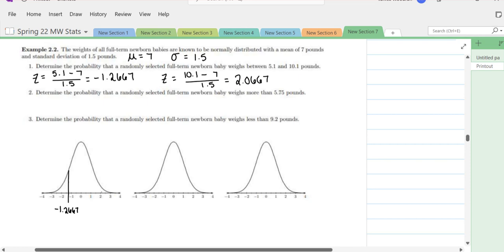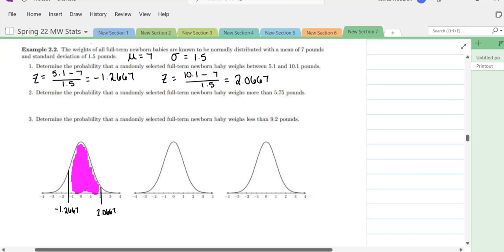On the curve, this looks like about this. So we're going to look for this area right here in purple. To me, that looks like probably about 80%.